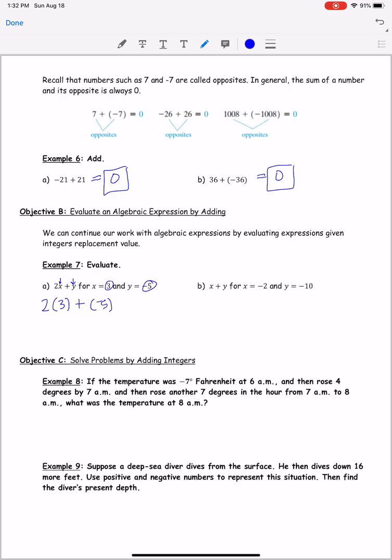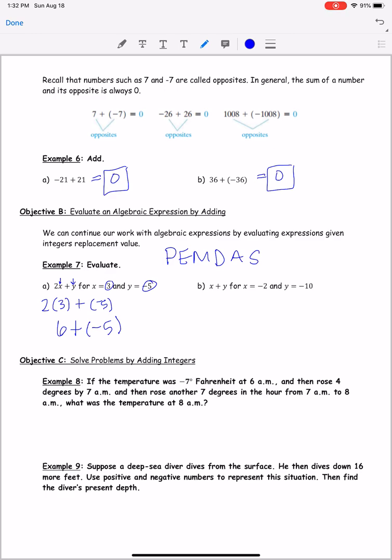So now use your order of operations. We've got my dear Aunt Sally, so we need to multiply first. So 2 times 3 is 6. And 6 plus a negative 5. Let's go back to our rules from just the last page.